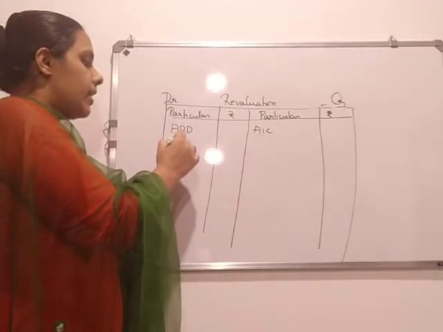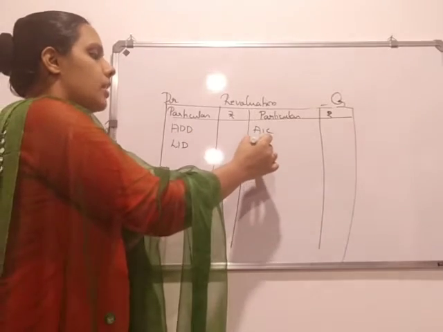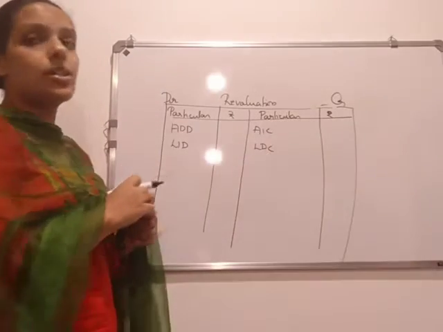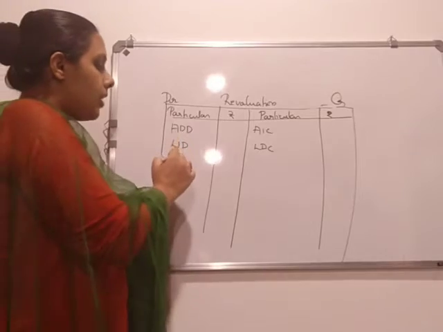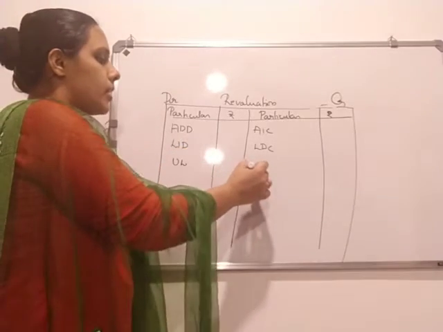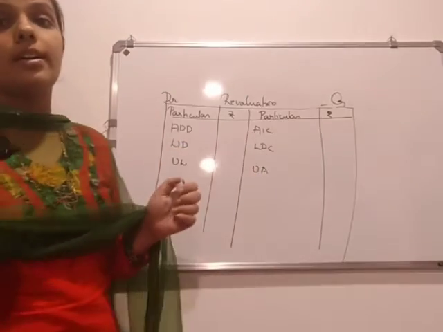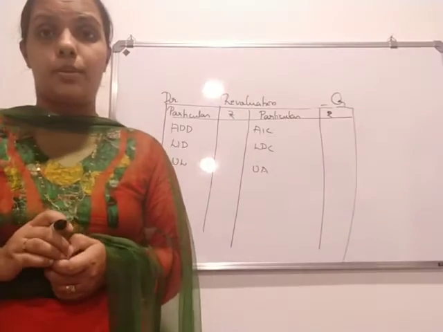Whenever a liability increases it is to be debited, and whenever a liability decreases it is to be credited. Unrecorded liability is to be debited and unrecorded assets are to be credited in the revaluation account.